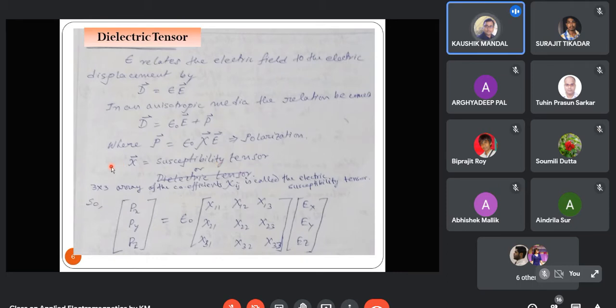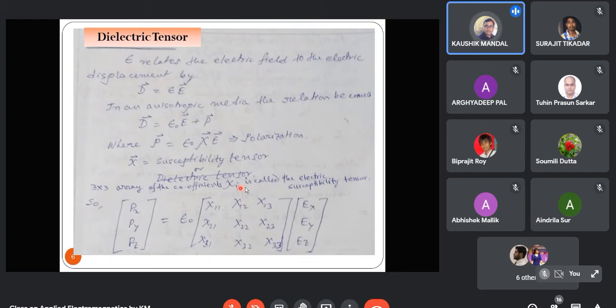So, from this particular equation of P, we can write this polarization in 3 cross 3 matrix format: Px, Py, Pz, that is equal to epsilon 0, xi11, xi12, xi13, in that way. This is the susceptibility tensor.